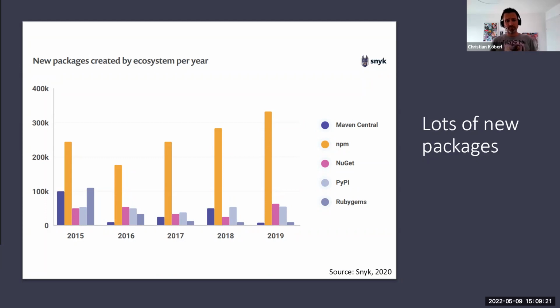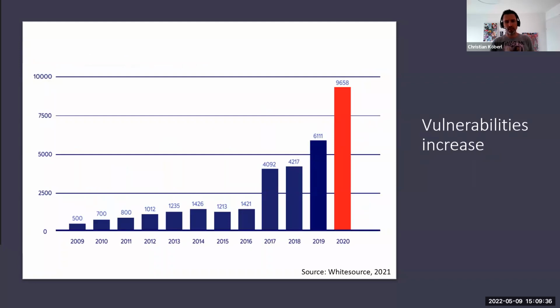With the other ecosystems it is always smaller, but even that, like 100,000 new Maven packages in 2015, is also massive. So you have to cope with all that and see how it's going there. Also, the dependencies increase, which is quite clear, because when you increase the amount of packages, then the vulnerabilities will increase.